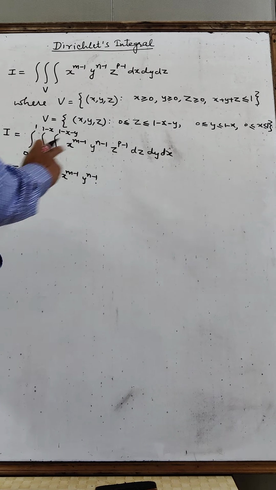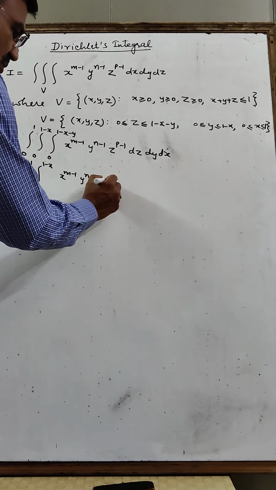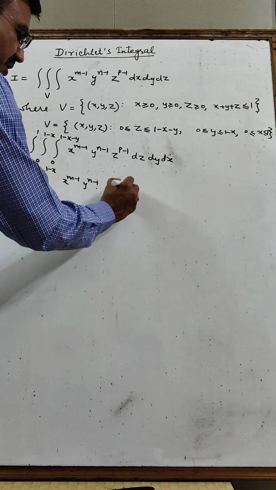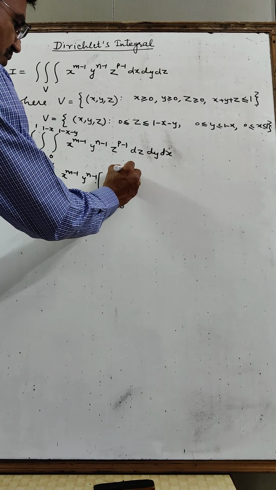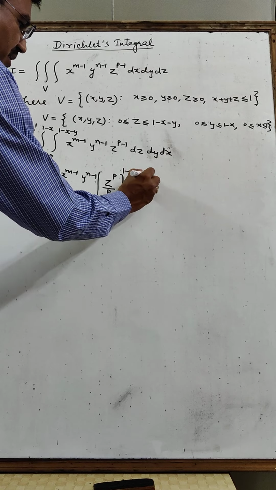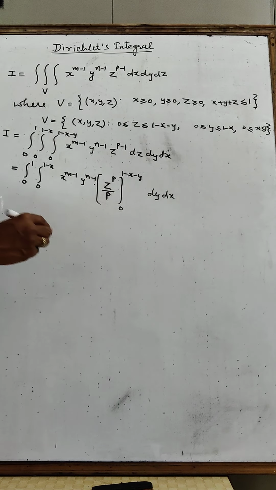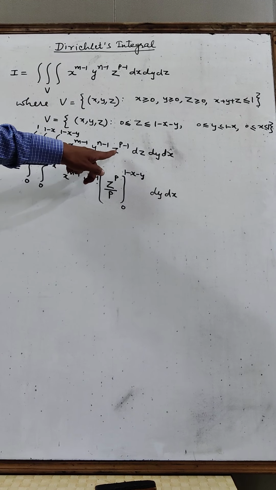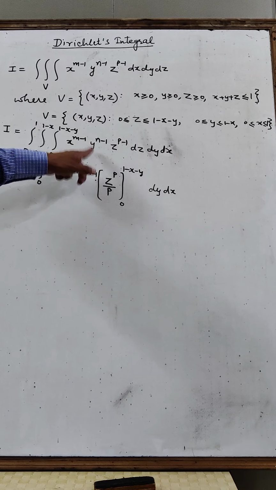Now the integration of z, keeping x and y constant, is z raised to the power p over p with the limits 0 to 1 minus x minus y, dy dx.